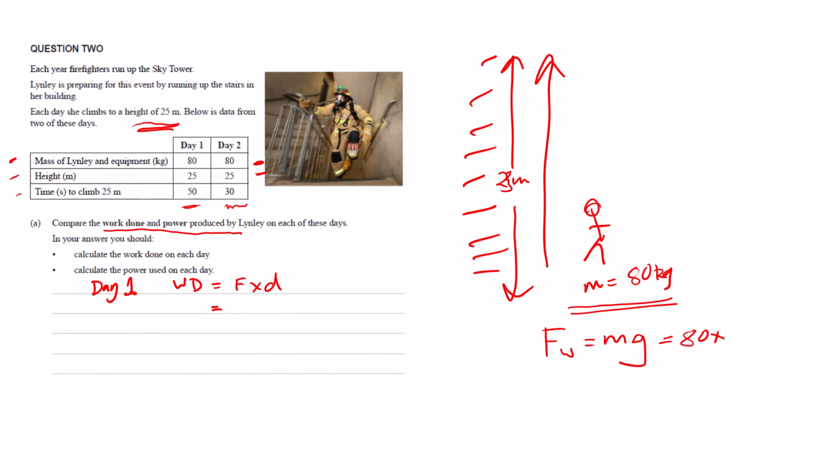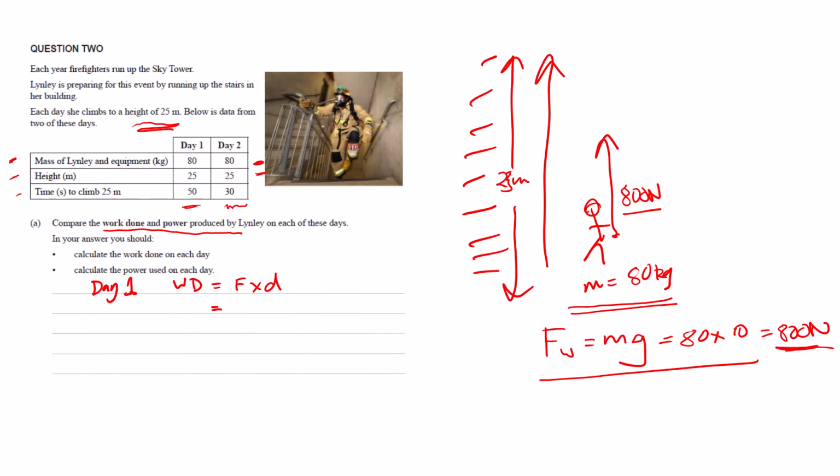So we can say her weight force is 80 times 10, so her weight force is 800 newtons. So this is the force she has got to apply to go up to overcome her weight force. She's got to apply a force of 800 newtons to lift herself up the stairs.